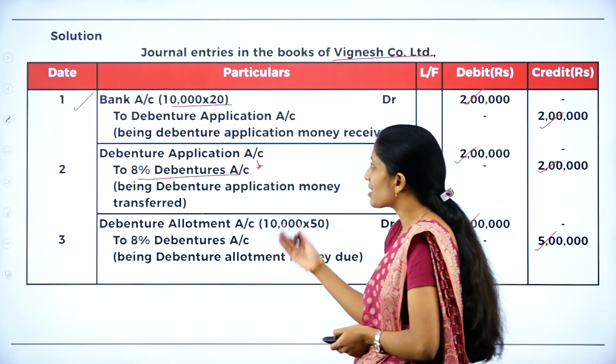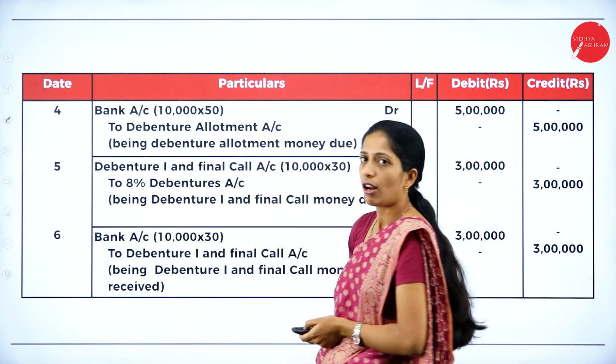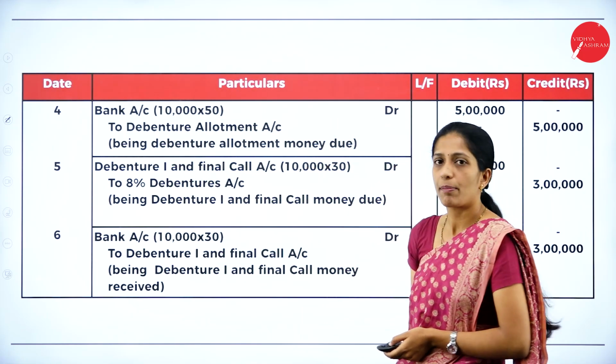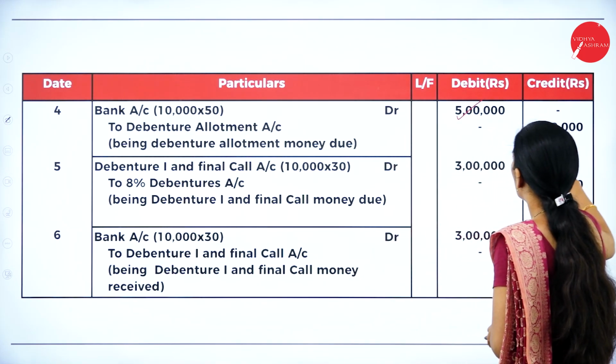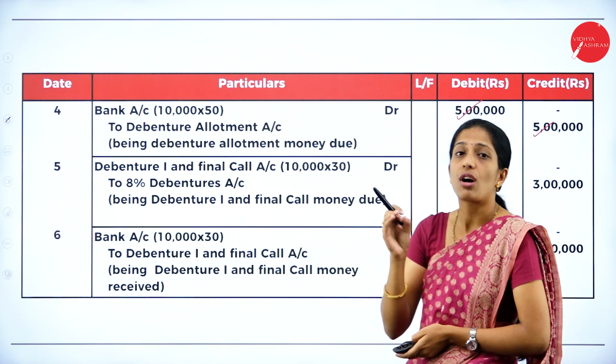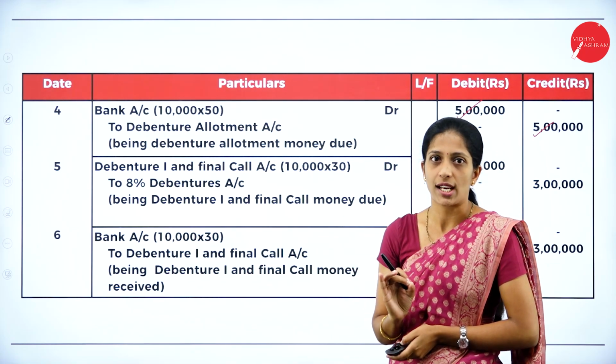And the next entry, receiving of debenture allotment money: bank account debit to debenture allotment account, narration being debenture allotment money received. And the same amount, 10,000 into 50, because it is on par. So if it is premium or discount, your third entry changes.